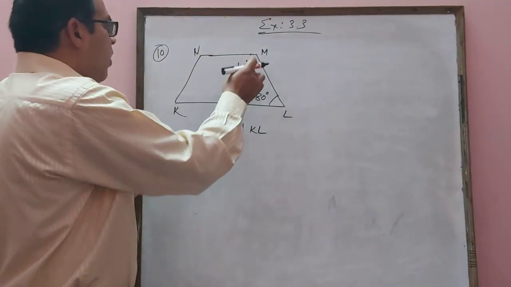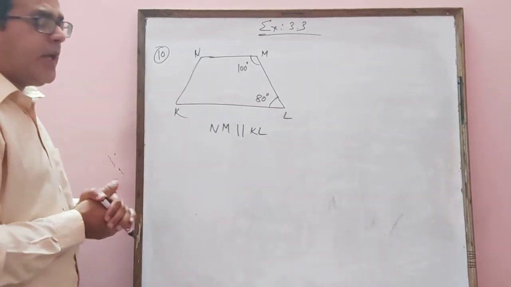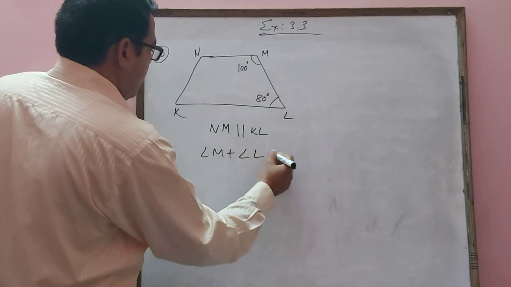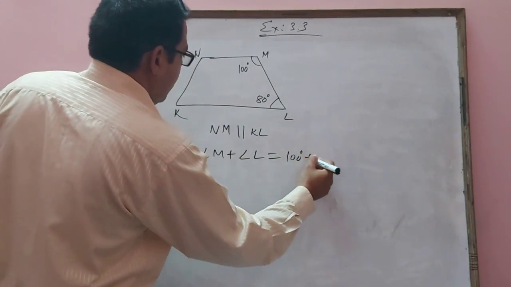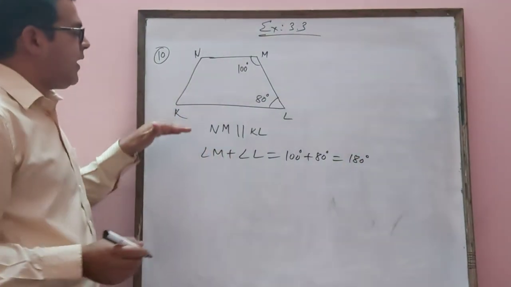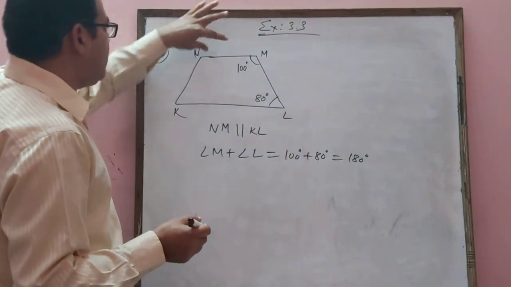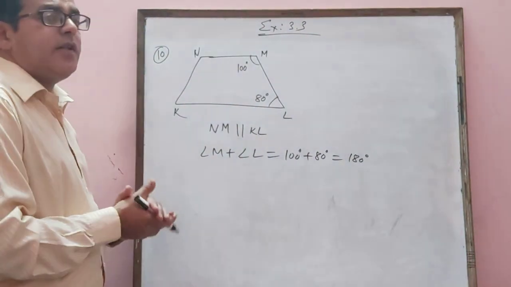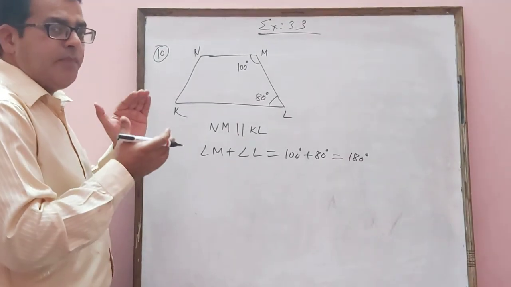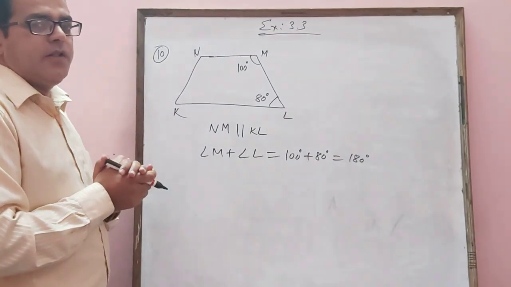Because these two angles are interior angles and their sum is 180 degree, that is, supplementary angles. So NM is parallel to KL, which means these two sides are parallel, and this is the definition of a trapezium also. If one pair is parallel, we can say that this quadrilateral is a trapezium, right?